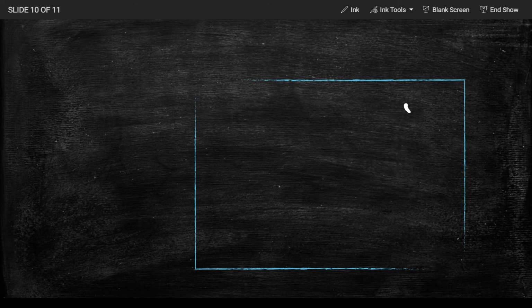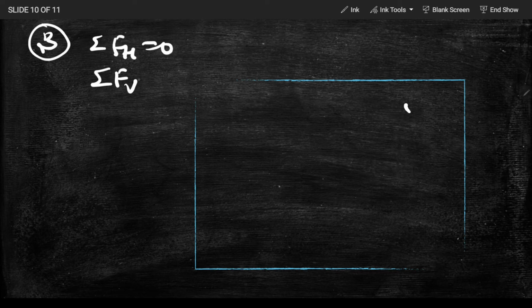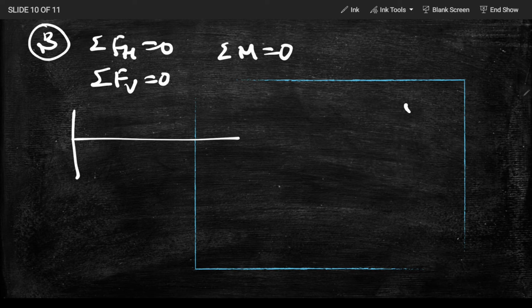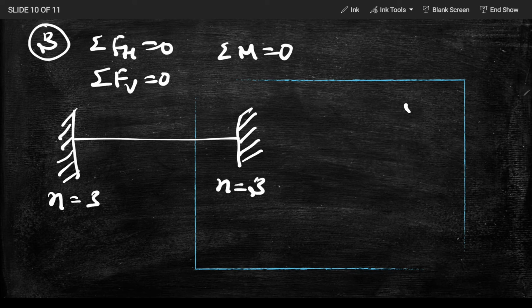Now you understood the equilibrium equations are 3. That means sigma Fh is equal to 0, sigma Fv is equal to 0, and sigma M is equal to 0. Now go for any one example. If I take a fixed beam which is having fixed supports on both sides of the beam, number of unknowns here is 3, and number of unknowns here is 3.